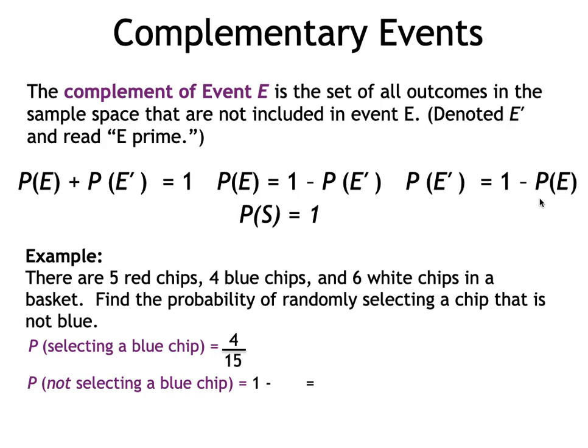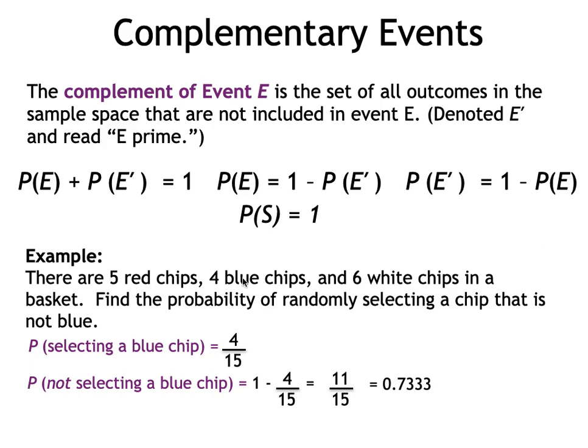So with our formula, we subtract from 1 the probability of selecting a blue chip, which is 4 over 15. Subtracting that from 1, we get 11 over 15, or in decimal value, that would be equivalent to 0.7333.